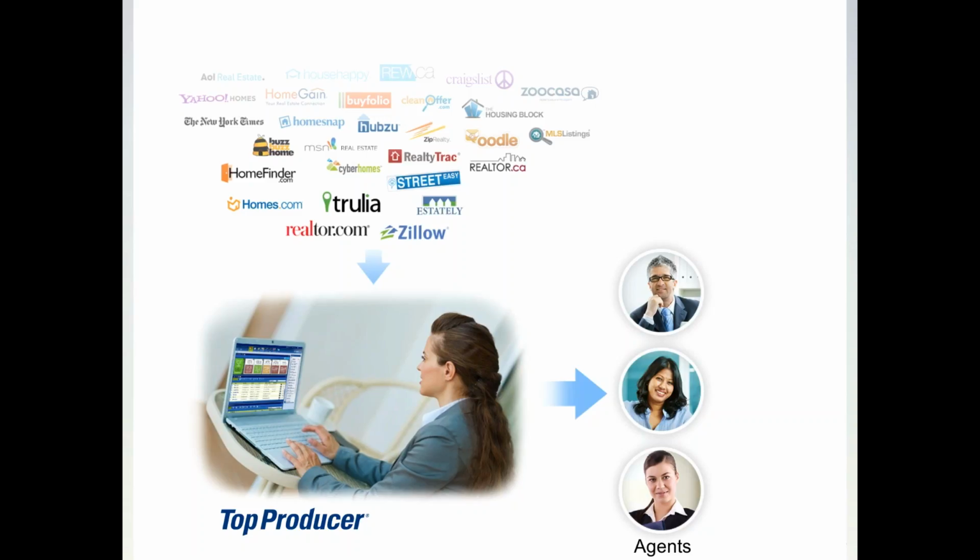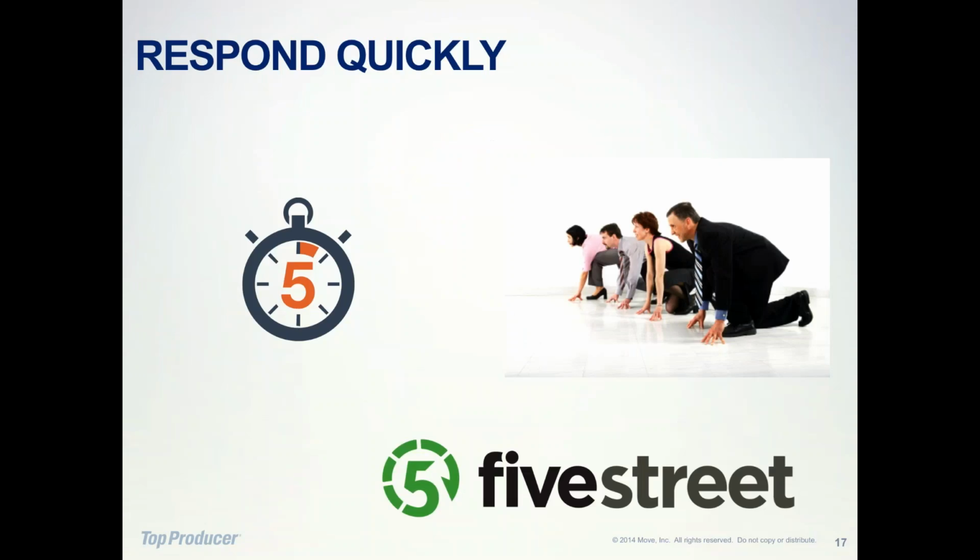Okay. There's another way as well for those that maybe don't have somebody that is available to respond to those leads, a physical lead specialist. We've got a tool called 5 Street that's designed to help you optimize your response rate, and it does so by incorporating competition into your lead distribution.